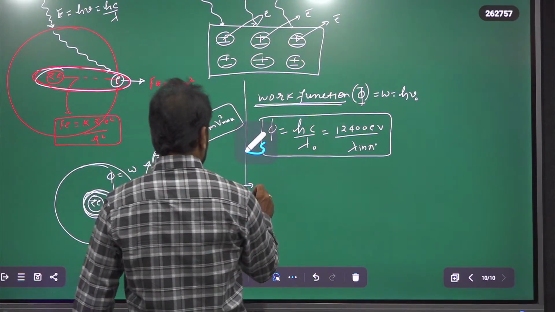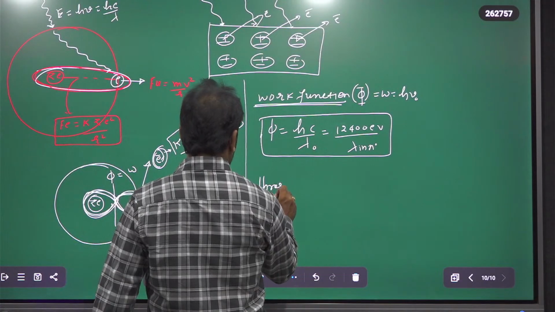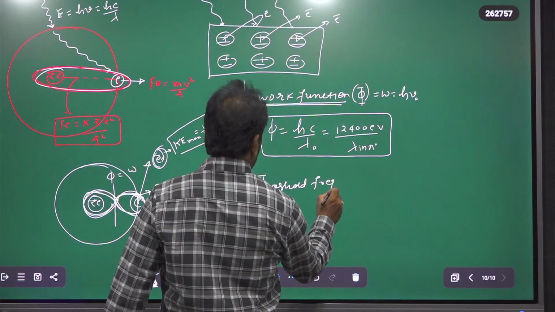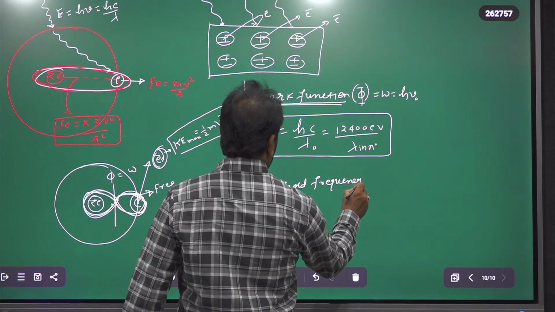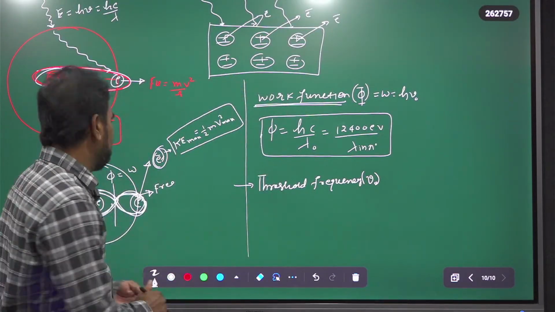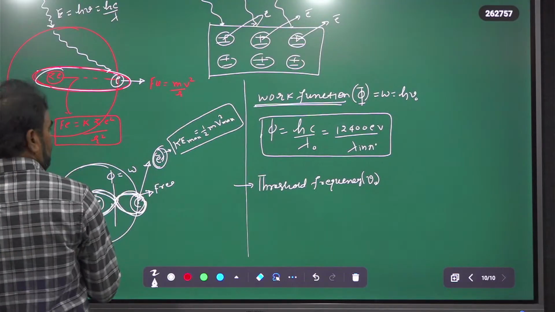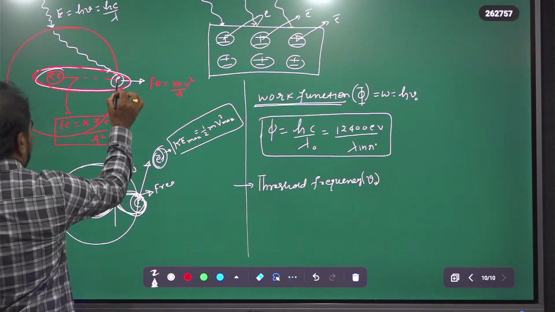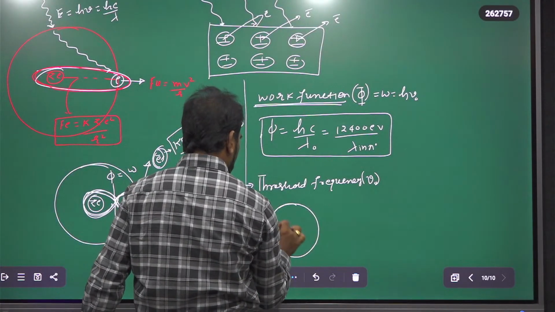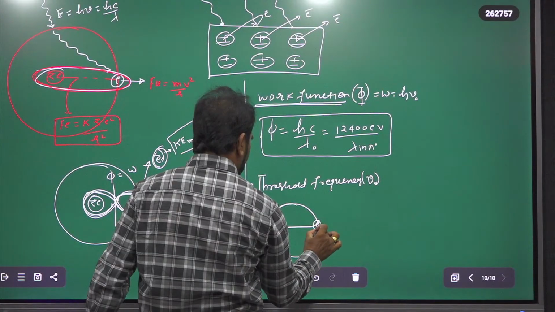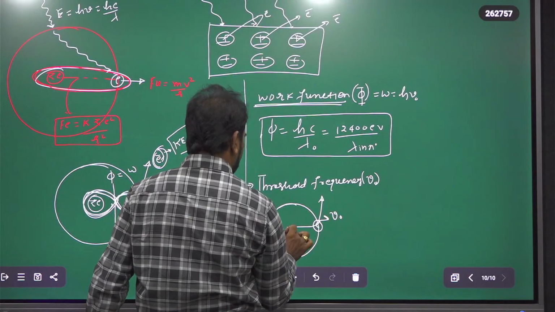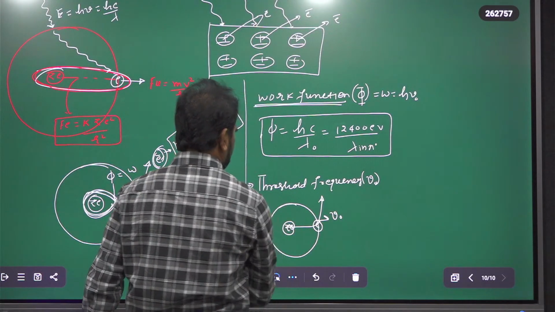Threshold frequency. What is nu naught? Threshold frequency means the minimum frequency required for an electron to recoil from its orbit against the nuclear attraction force.